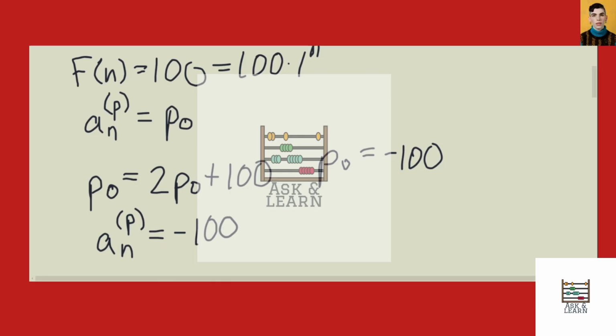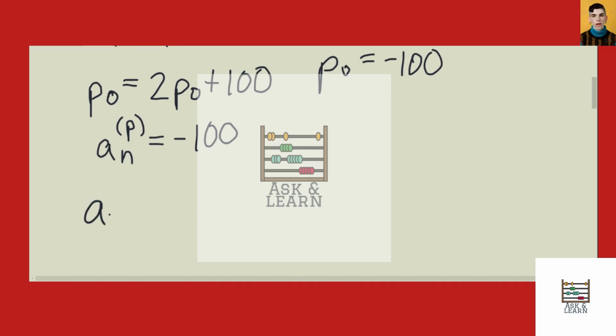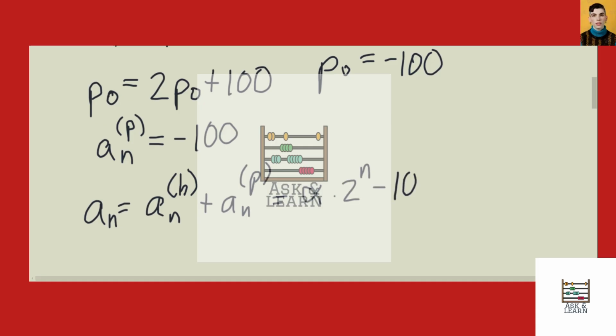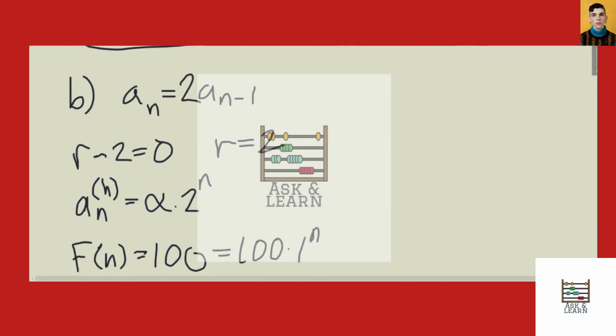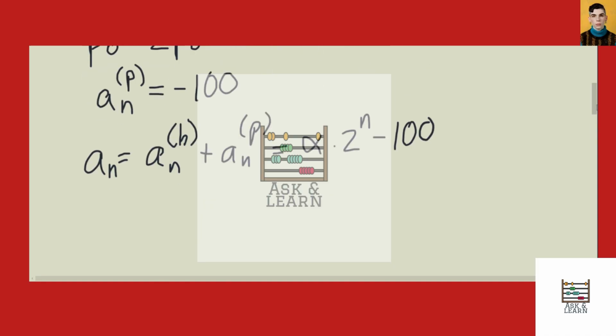And so we have that the solution to the non-homogeneous recurrence relation in general is the sum of the solution to the homogeneous equation plus the particular solution. So this gives us alpha times 2 to the n minus 100 for some constant alpha. And using our initial condition, a_1 equals 2, we have that 2 is equal to alpha times 2 minus 100.